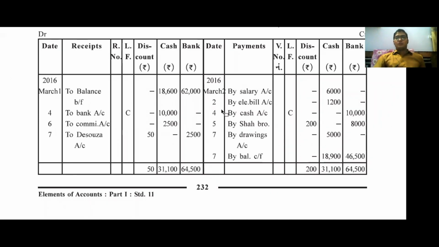Then after, we have to prepare different ledger accounts for all these entries. So here we have to prepare commission account, D'Souza account, salary account, electricity account, cash account that no need to prepare, Shah Brothers account and drawing account, as well as discount allowed and discount received.